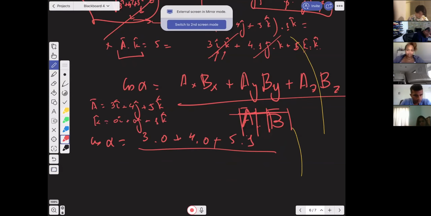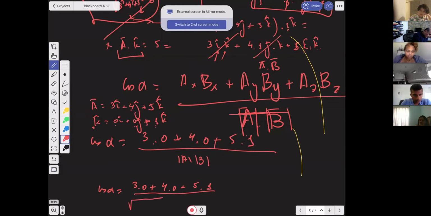So I want to find the cosine of alpha based on this expression: the numerator divided by the magnitude of A by the magnitude of B. Cosine of alpha will be 3 by 0, plus 4 by 0, plus 5 by 1, the z component of the second vector, divided by the magnitude of A, which is the square root of 3 squared plus 4 squared plus 5 squared, the magnitude of a vector in 3 dimensions, by the magnitude of B. The second vector is k, and the magnitude of B is 1.